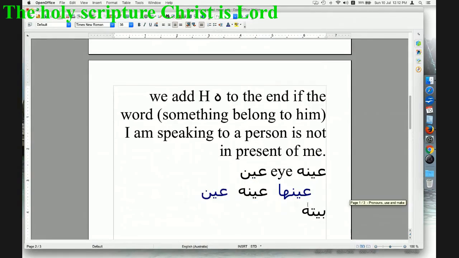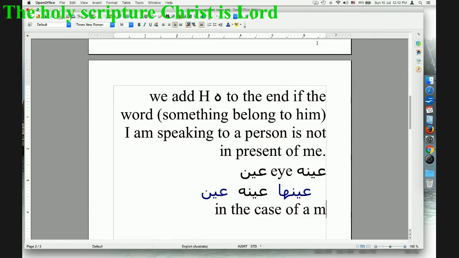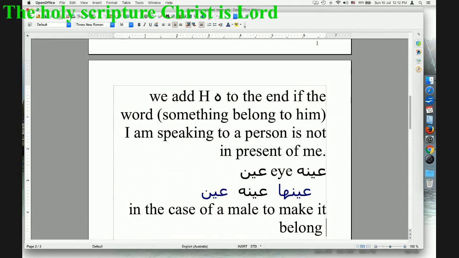So if we want to make a rule about this one, we should say, in the case of a male, to make it belong to him, we can add ha, which is the letter ha in Arabic.